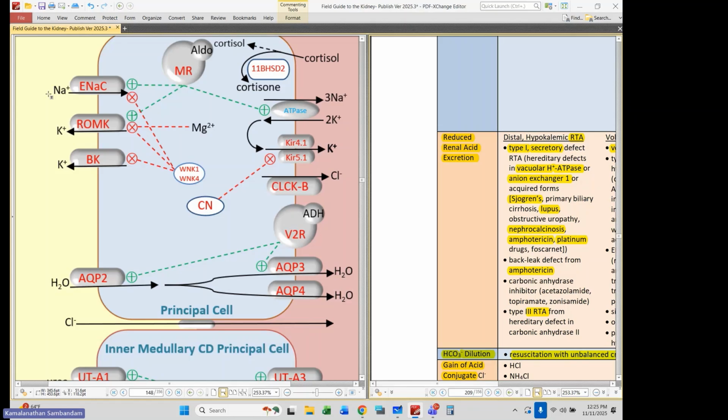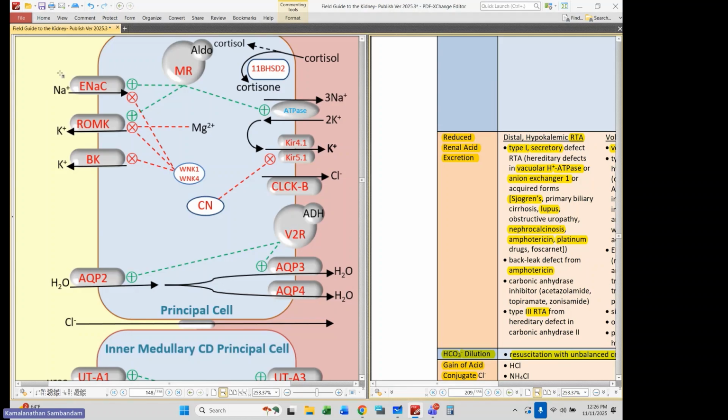I can do that by giving an ammonium chloride load and measuring your urine pH after giving ammonium chloride, meaning I challenge you with acid and I watch to see whether you can maximally acidify your urine. Another way I can do this in an ambulatory setting, because you can't find ammonium chloride for easy access, is I can give you furosemide and Florinef. That's the typical 1-2 punch.